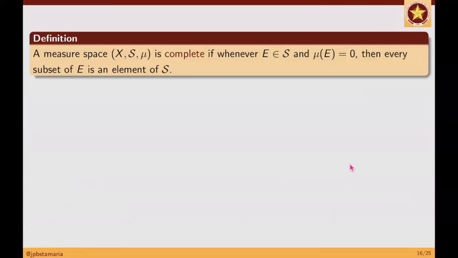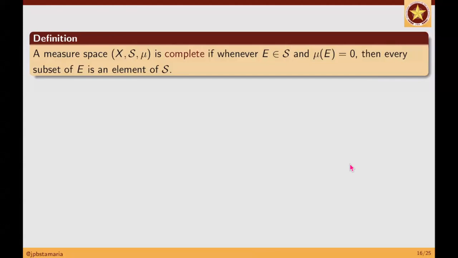Naalala nyo if a set has a Lebesgue measure of 0, it's measurable. Therefore, lahat ng subset ng isang set of measure 0 ay measure 0 rin. Therefore, lahat ng subset ng isang measure 0 set ay measurable. Lebesgue measurable, I'm sorry. I'm talking about Lebesgue measurable.